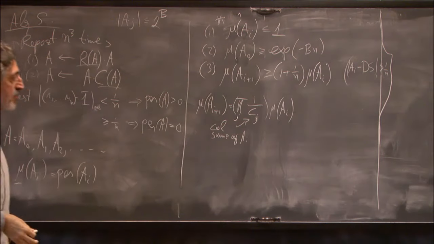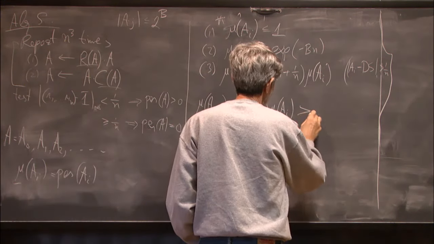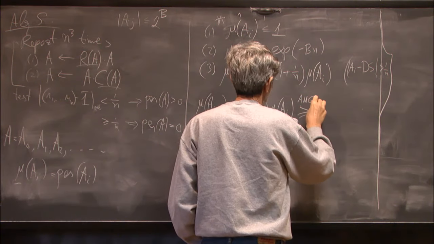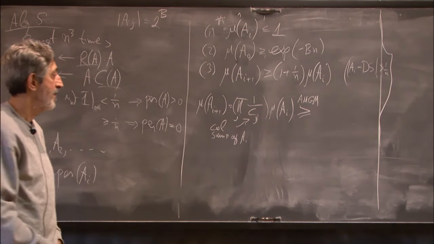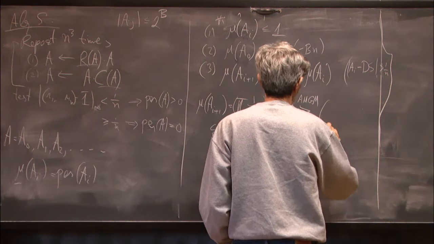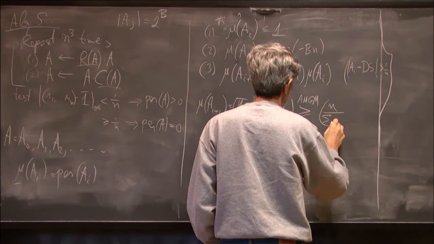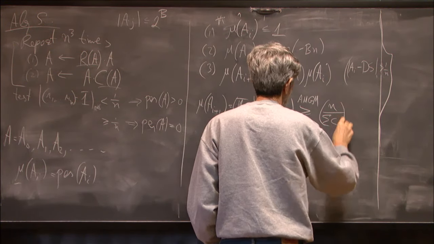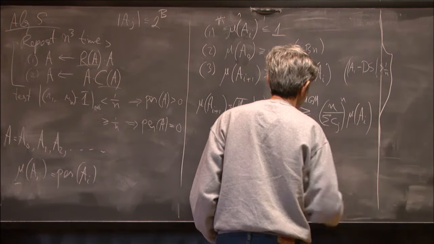And now the only thing to do when you have a product and you want an inequality is use the AM-GM inequality. So this product becomes a sum. What do we have? It's inverses, right? So it's n over the sum of Cj to the n and the permanent of AI.